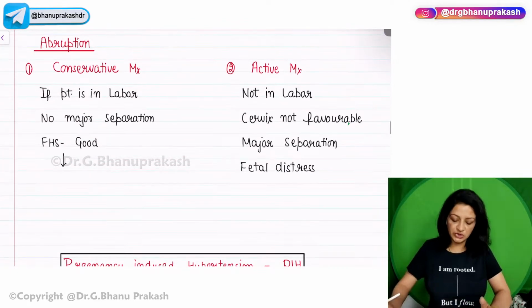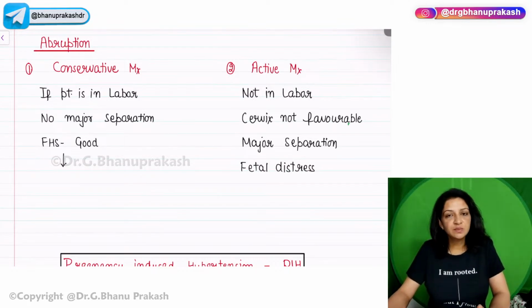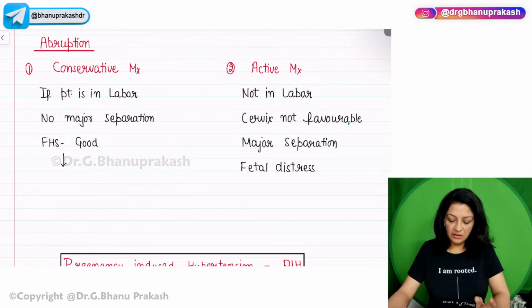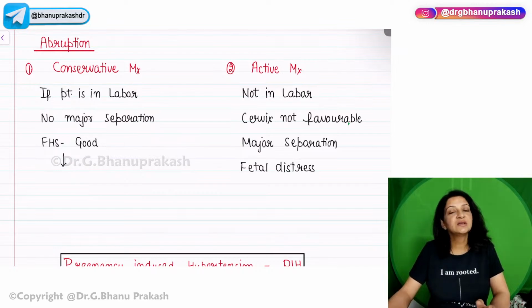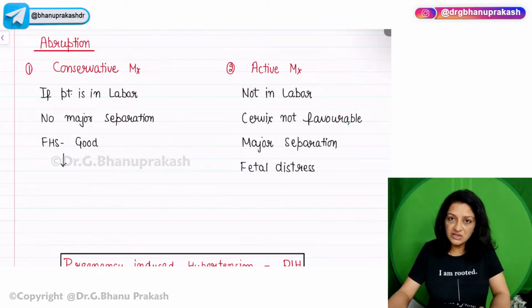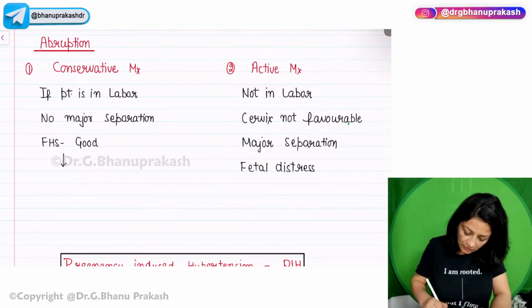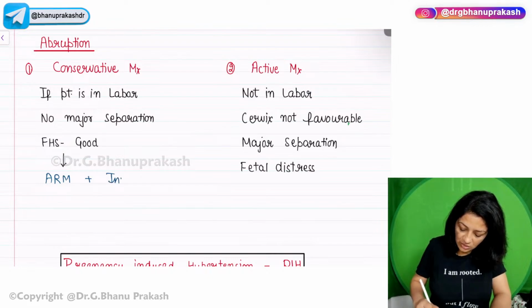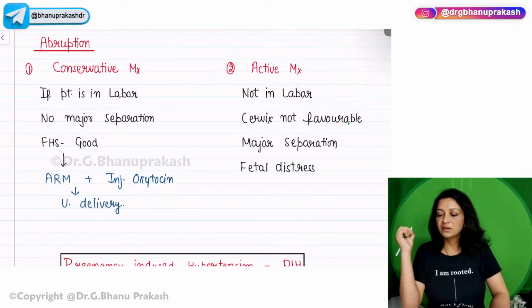सो इन केस ऑफ अब्रप्शियो, इसमें भी कंजर्वेटिव मैनेजमेंट एंड एक्टिव मैनेजमेंट। If the patient is in labor, जैसे मैंने आपको बताया है, जब भी अब्रप्शियो में पेशेंट आएगा, हमेशा आएगा in labor. So if the patient is in labor, most of the cases में no major separation, fetal heart sound is good, then artificial rupture of membrane plus injection oxytocin, then vaginal delivery, conservative management.